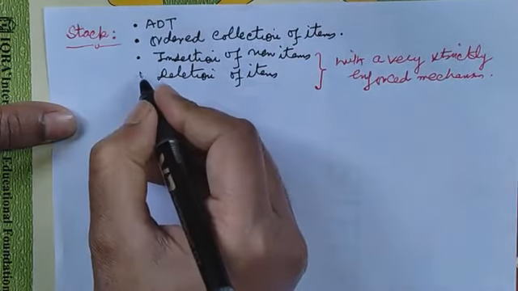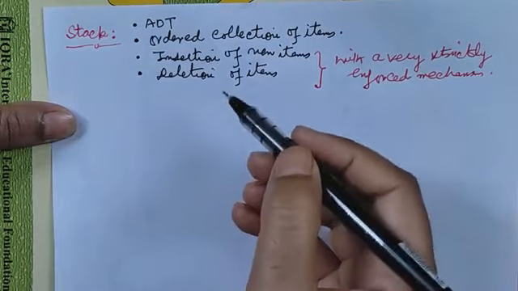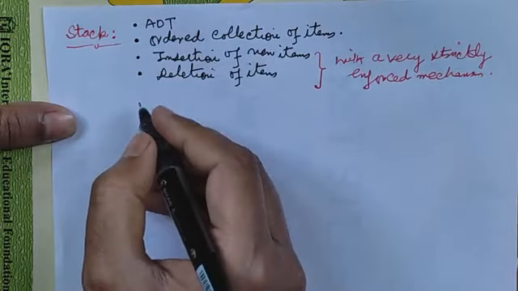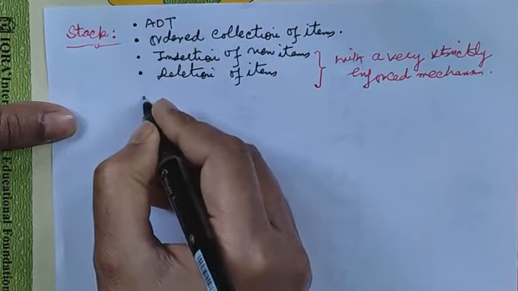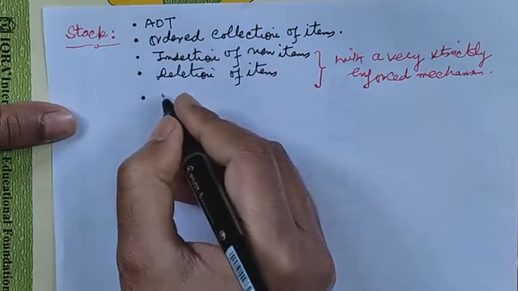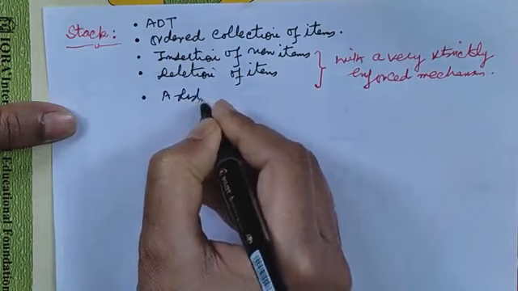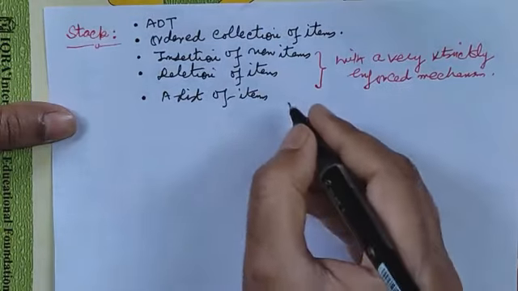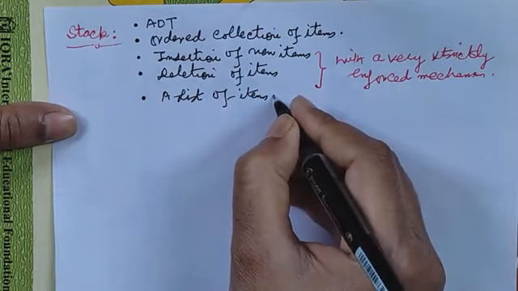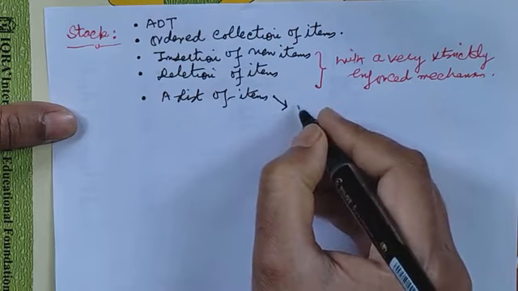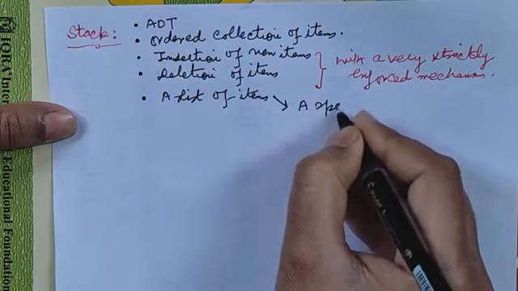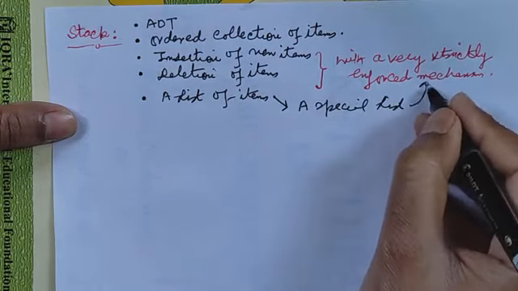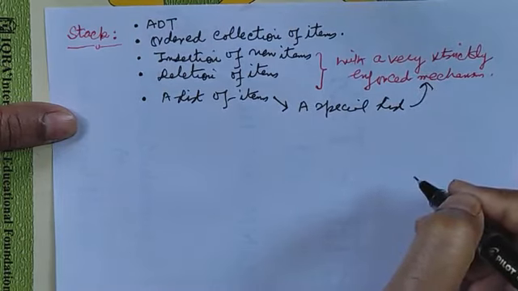So leaving apart this technical jargon, in simple terms we can say a stack is a list. It is a list of items, but it is a special kind of list, a special list with a very strictly enforced mechanism.